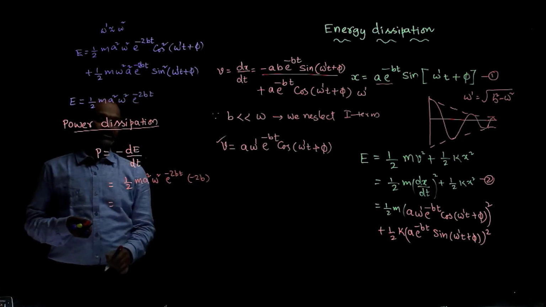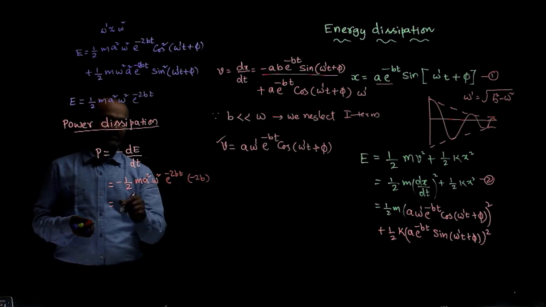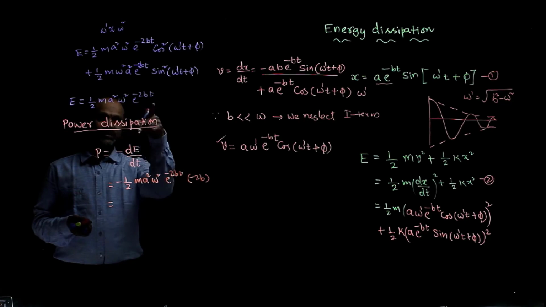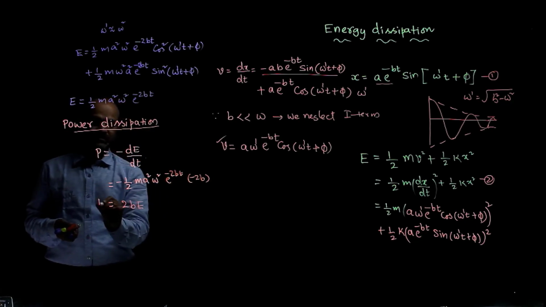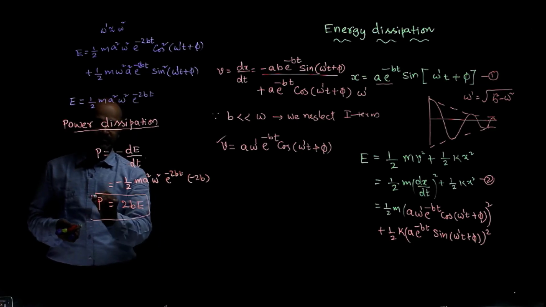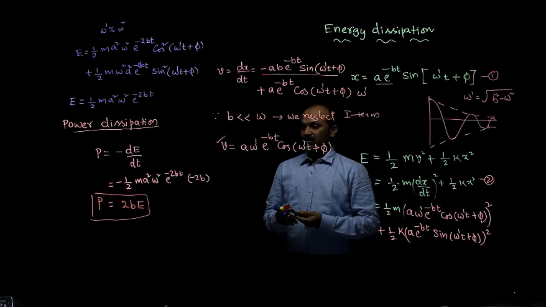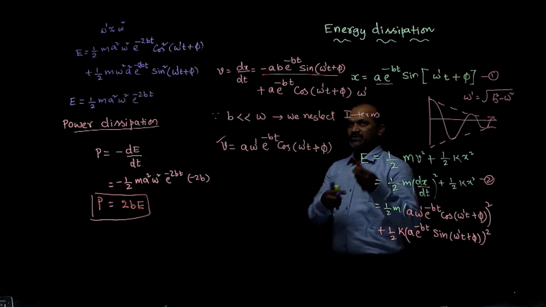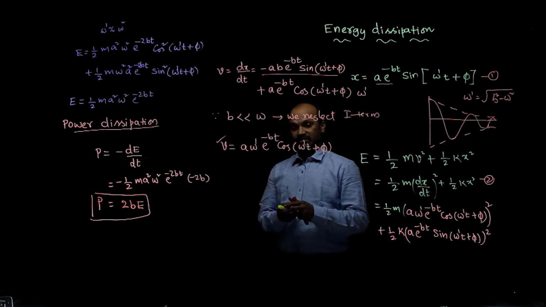Actually half m a square, this is minus, minus minus we can write plus, half m a square omega square into e power minus 2bt is E. So this value becomes 2bE. Power dissipation becomes 2bE. Okay. So this is energy dissipation in a damping harmonic oscillator, and this is power dissipation.